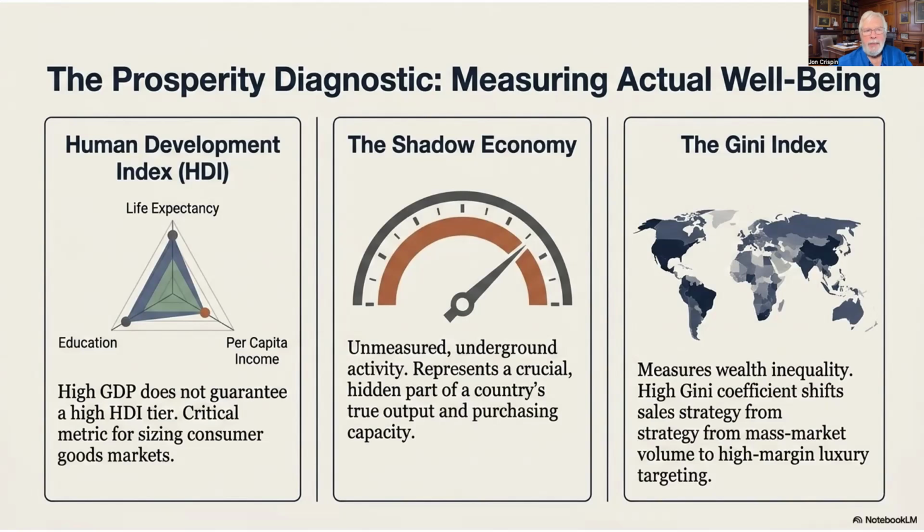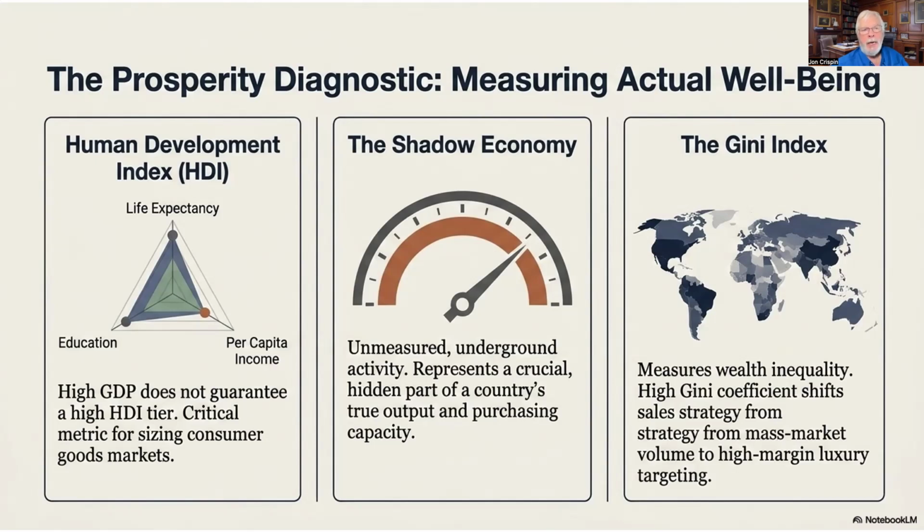Why is that? Well, if you're a developing country with a high GDP, but your life expectancy, for instance, is much lower than the OECD average, then your Human Development Index is going to suffer, and that's going to make a difference on the kinds of target markets and prospective customers that you can find.